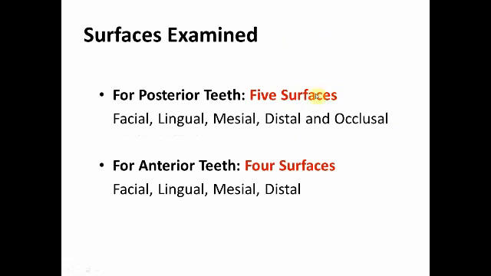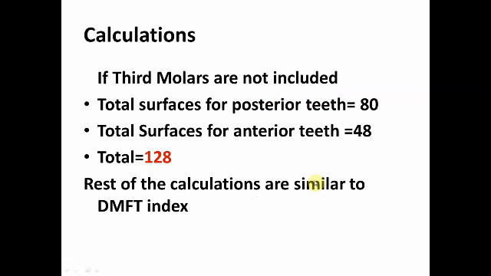Posterior teeth have 5 surfaces: facial, lingual, mesial, distal, and occlusal, while anterior teeth have only 4 surfaces. So a total of 128 surfaces are for adult.